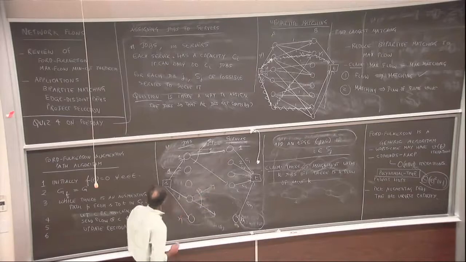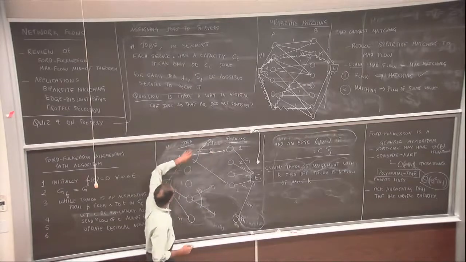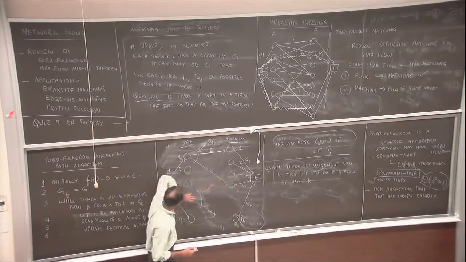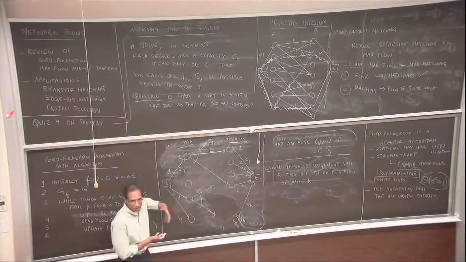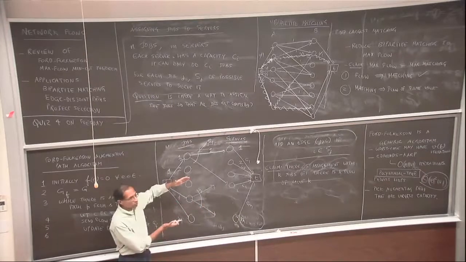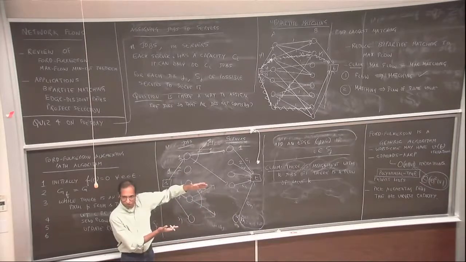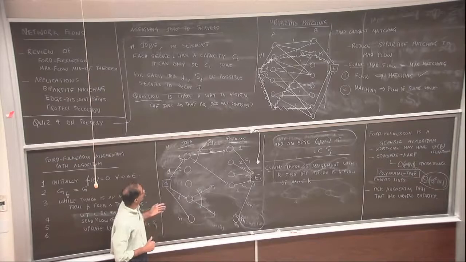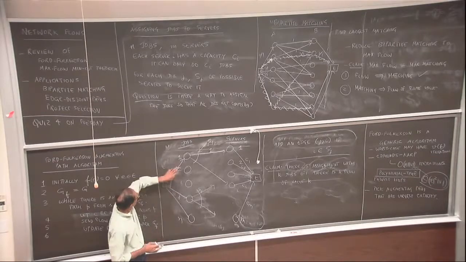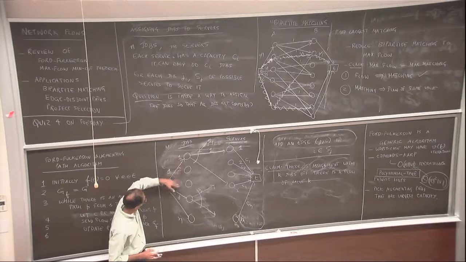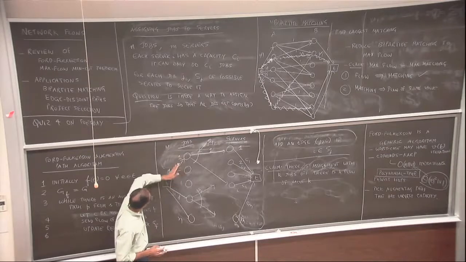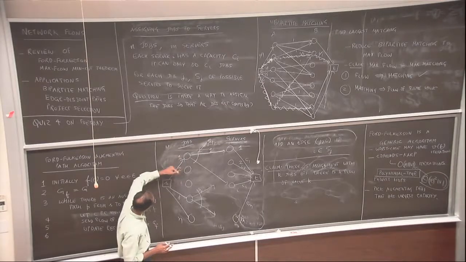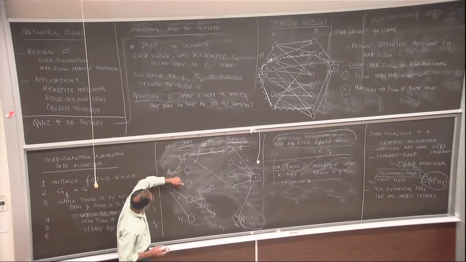If you give me an assignment, if you tell me that this job is going to be placed here, and this job is going to be placed here, then I will just construct a flow exactly using those jobs and those servers. If you give me an integer flow, not fractions, where you send k units of flow, those k units of flow have to be k jobs.